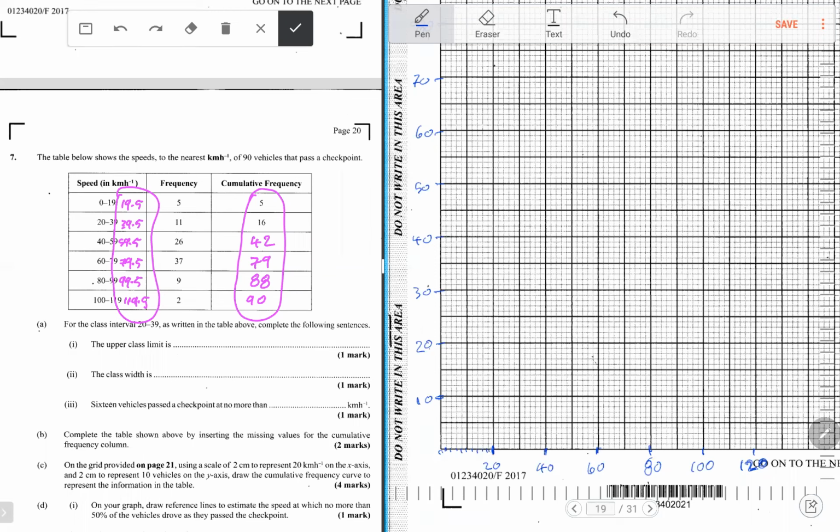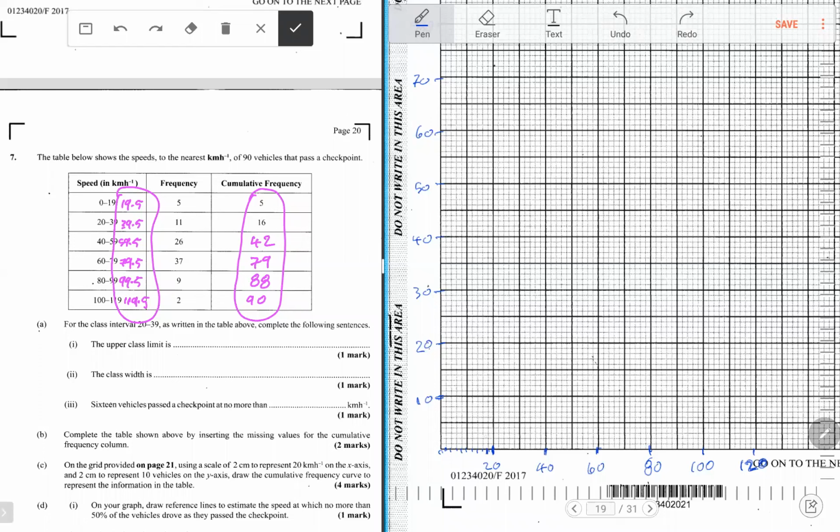So 19.5 is actually going to be just before the 20, right in the box before the 20. It's estimating anyway. Remember that this is 18, so 19.5 is going to be right in between here, very, very close to the 20. On each point they're coming just before the line.